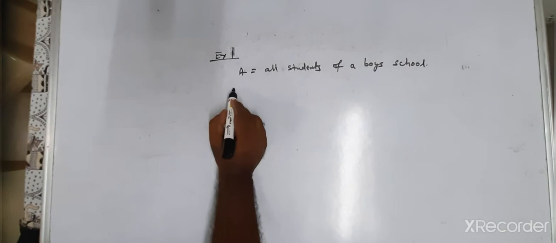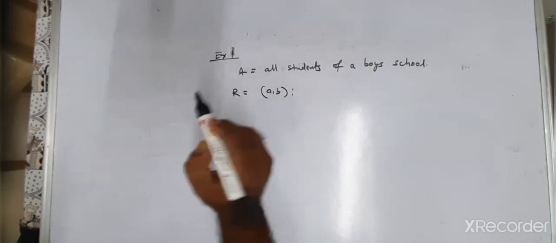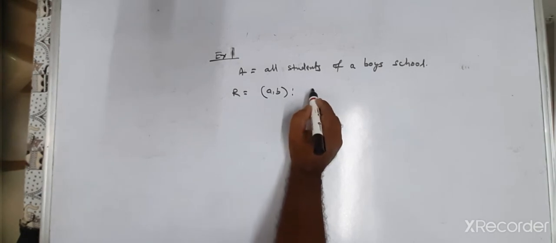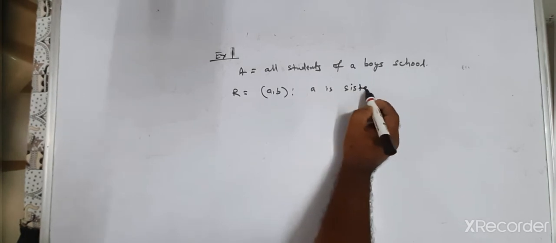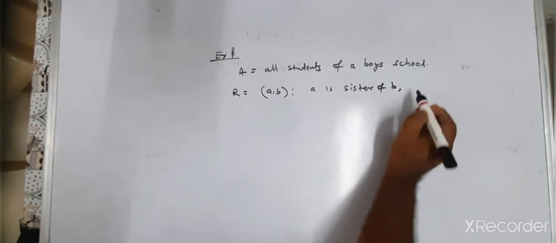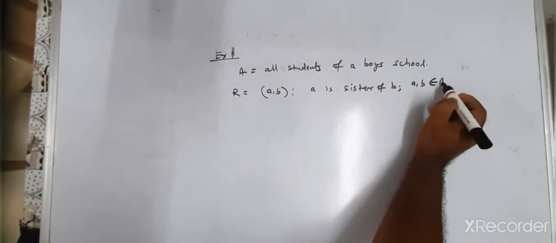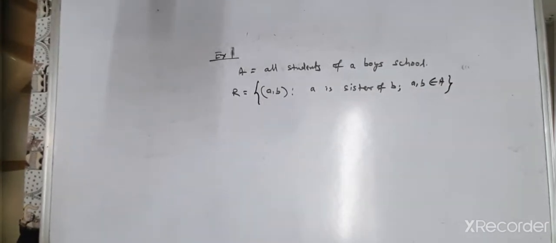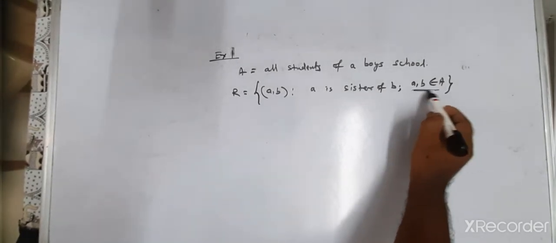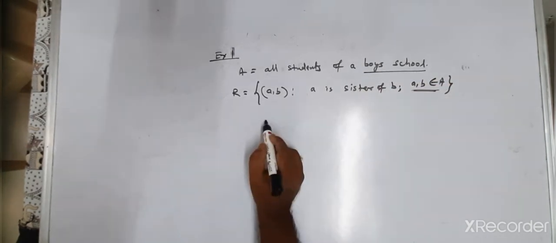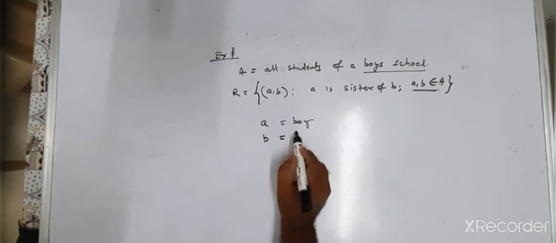Here we consider a relation R with ordered pair (a, b) such that a is a sister of b, where a and b belong to set A. Clearly a and b are students of a boys' school, so a is a boy and b is also a boy.